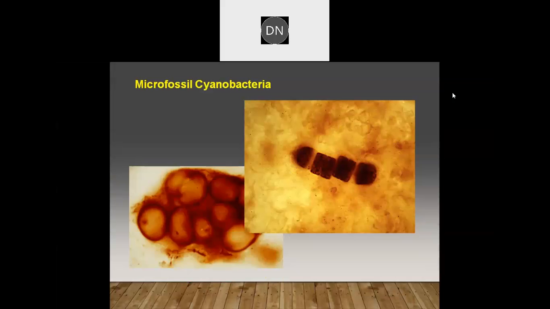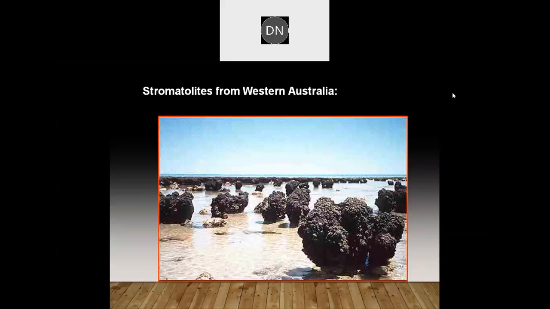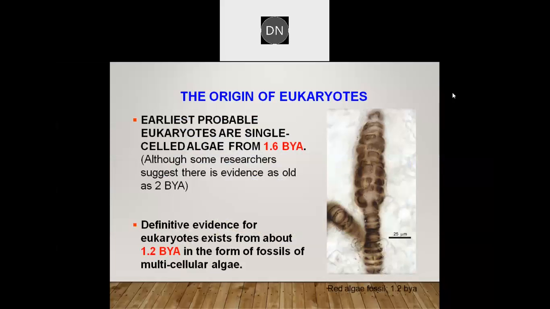Next slide. Microfossils, these pictures show the cyanobacteria. Next slide. And these are stromatolites from Western Australia. Next.